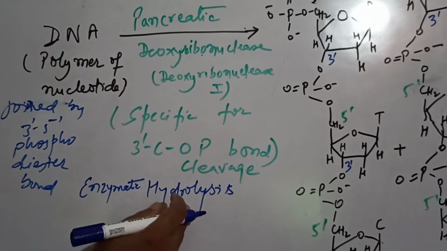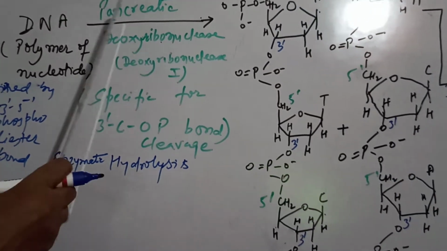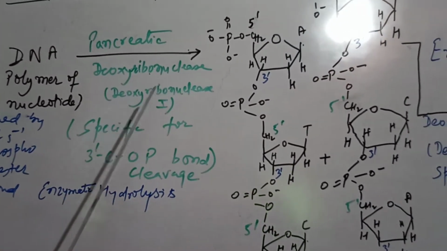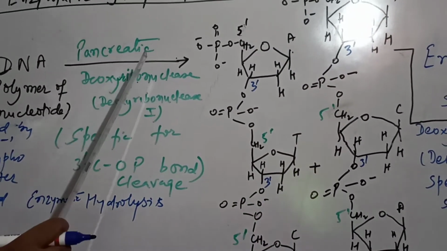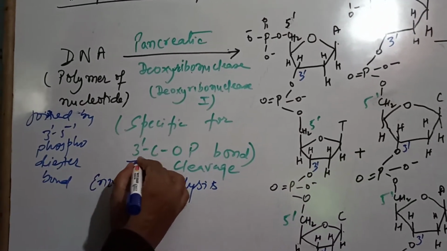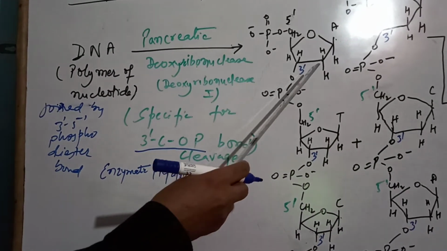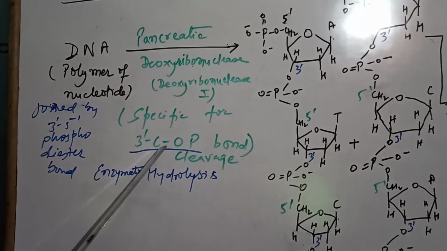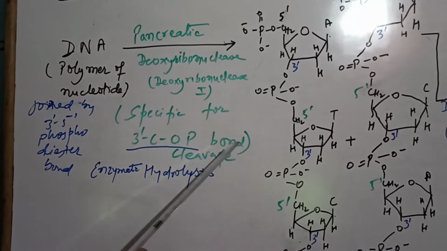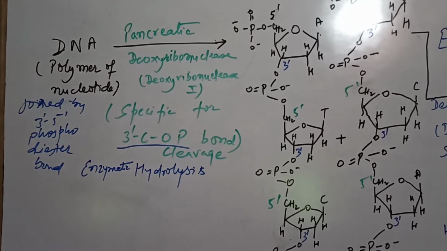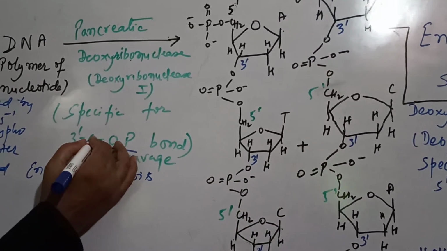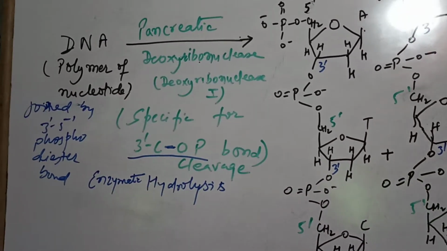So what happens when we subject it to enzymatic hydrolysis with pancreatic deoxyribonuclease enzyme? Well, this enzyme is specific for cleavage of the C3' carbon O phosphate bond, the OP bond. This bond will be cleaved.